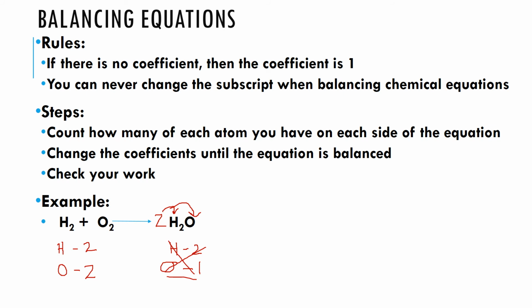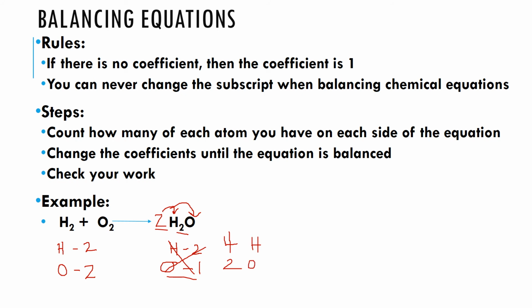Now, on my right side, on my product side, I have 4. That's supposed to be a 4. I have 4 hydrogens, because 2 times 2 is 4, so that's coefficient times the subscript gives me 4. And then there's no subscript on oxygen, so I've got 2 oxygens.